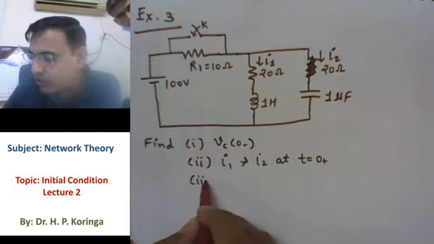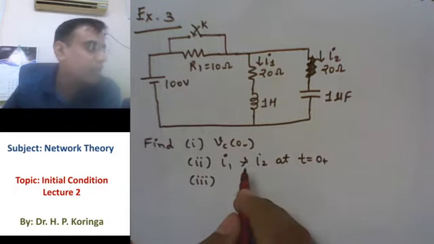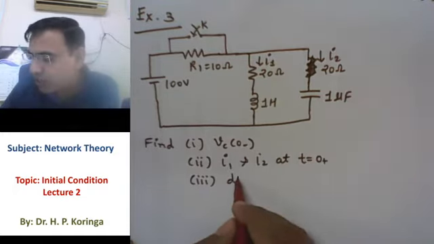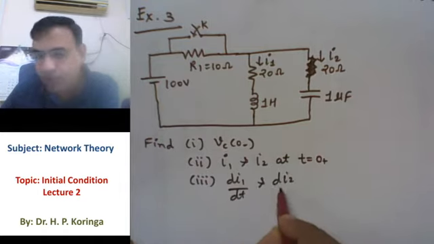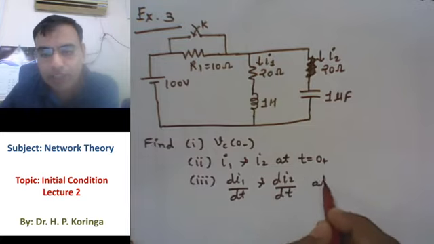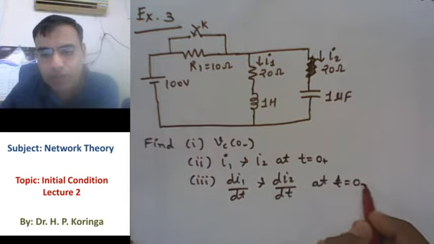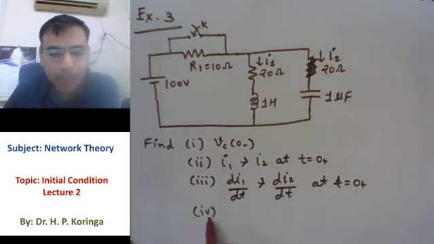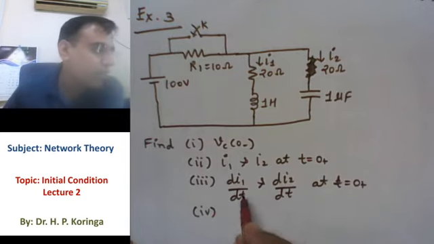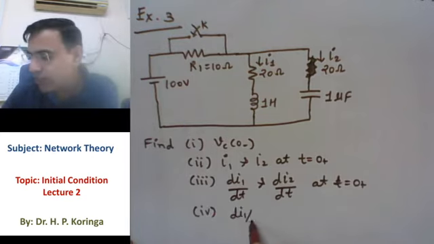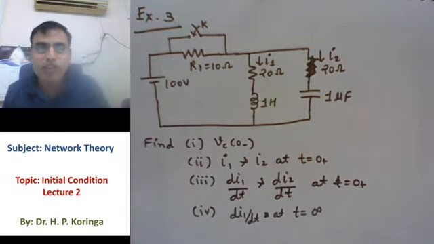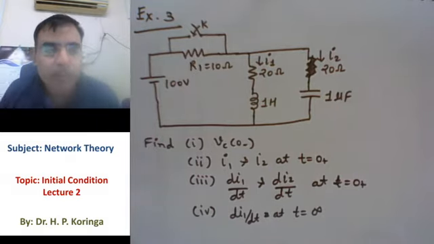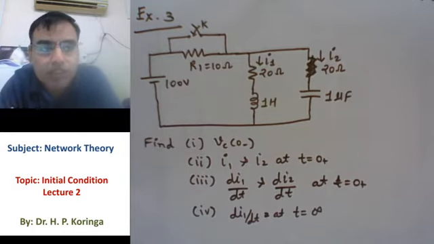Third, we have to find the first derivative di1 divided by dt and di2 divided by dt at t is equal to 0 plus time. And fourth, we have to find di1 divided by dt at t is equal to infinite time.